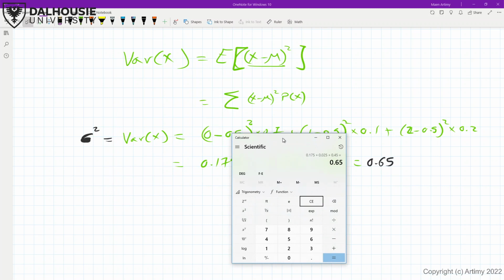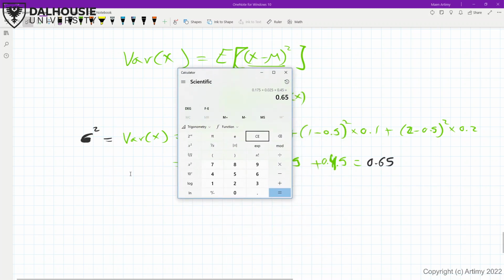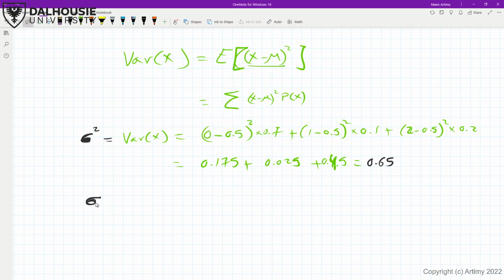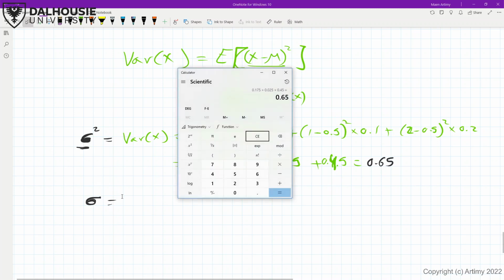Because it's squared, we can get the square root of it, and we'll call that the standard deviation. So the variance is the squared number here. The standard deviation is sigma, and we'll take the square root of 0.65 here, and we'll get 0.806.